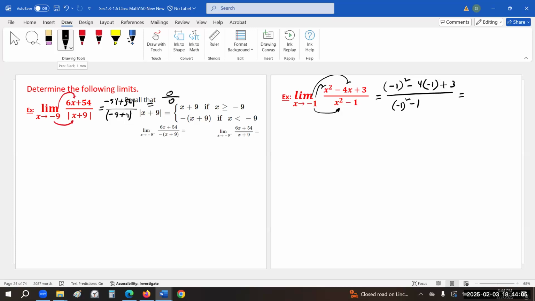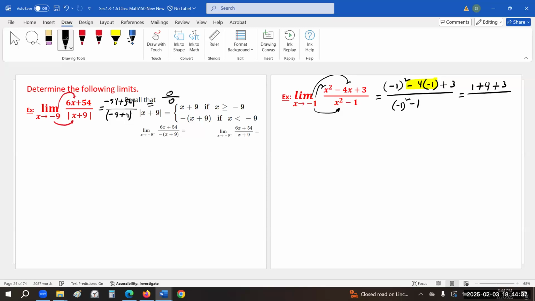So -1 squared gives us 1. And how about in the middle? What do we get? -4 times -1. Do you get a +4 or do you get a -4? Come on, guys, I'm asking you a question so that you can reply to me. Thank you. It's +4. So we have 1 plus 4 plus 3.